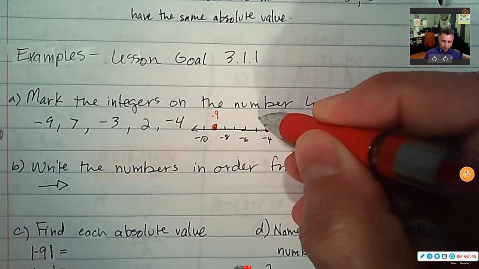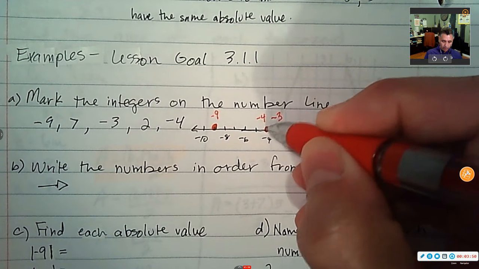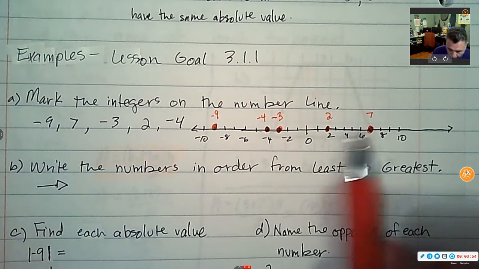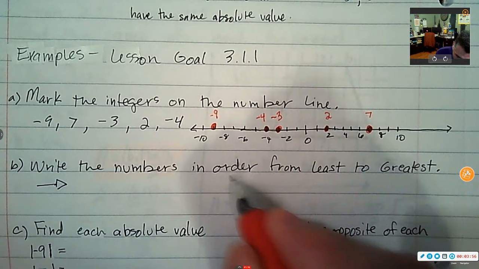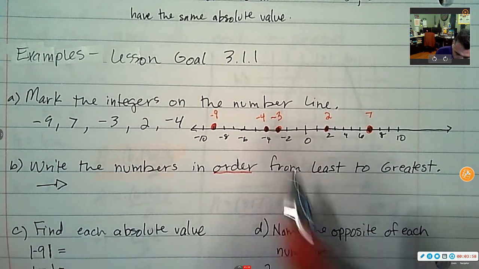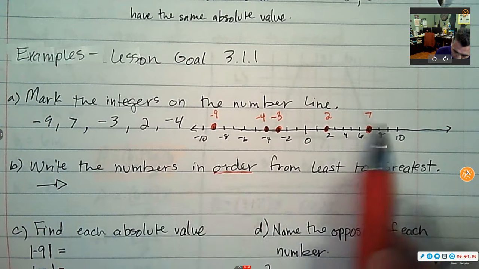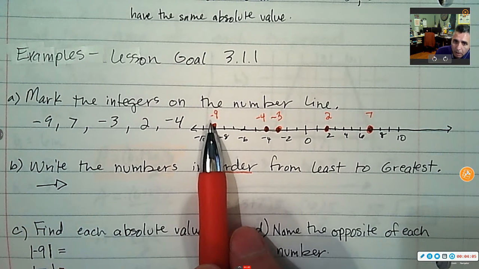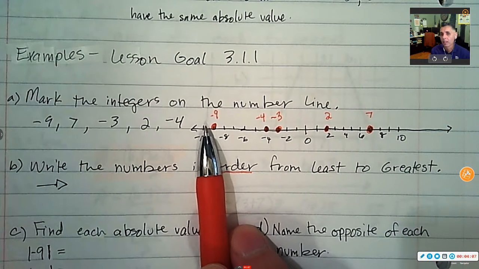Now one of the reasons why we put them on the number line is that we're going to be doing a lot of ordering, and once you put them on the number line, they pretty much are in order. Just go from left to right. The smallest numbers are always on the left side.